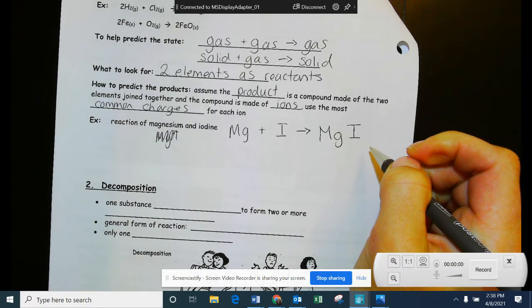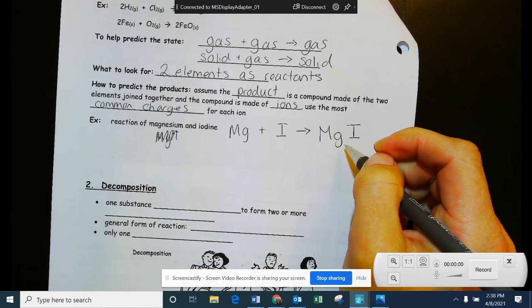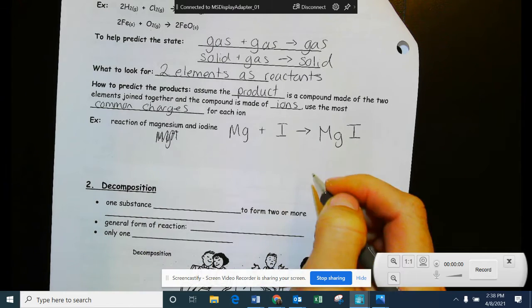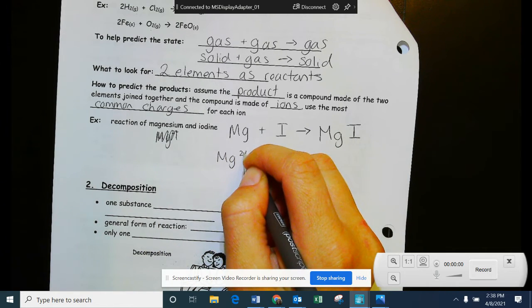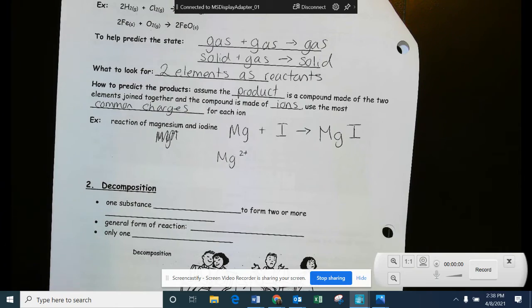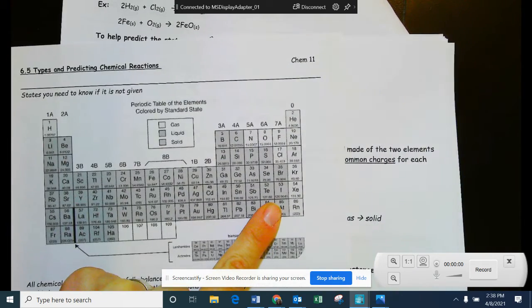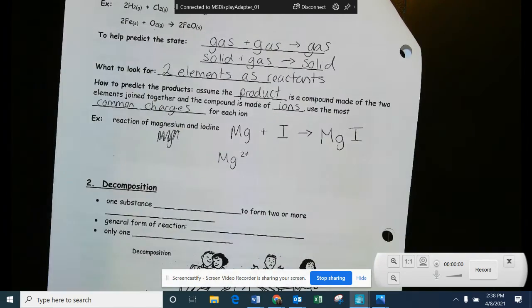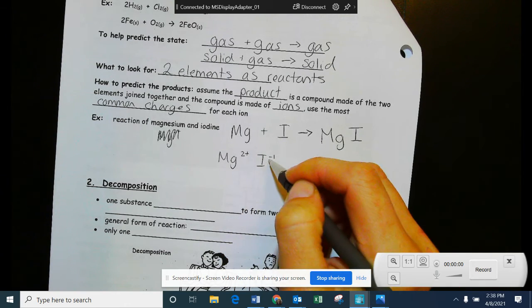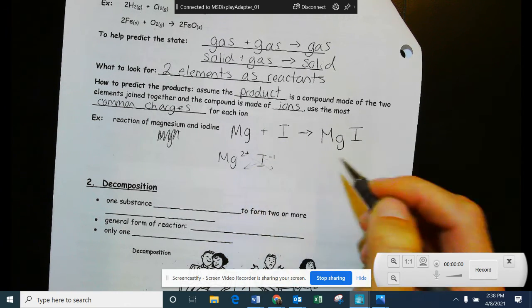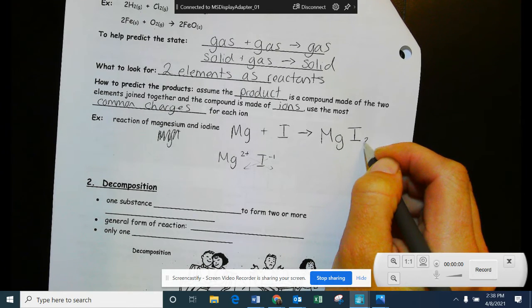We do need to make sure that we're using charges and combining these appropriately though. So I'm going to just write out here, magnesium has a charge of 2 plus. Iodine is in this row here, so it's -1 when it forms an ion. So when we cross these over and swap them, the iodine is going to get a 2 by it.